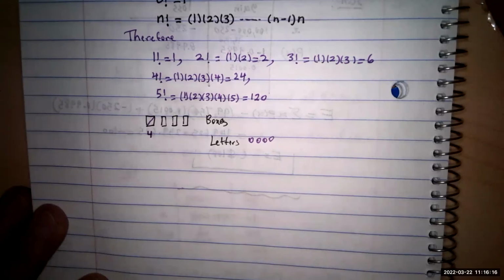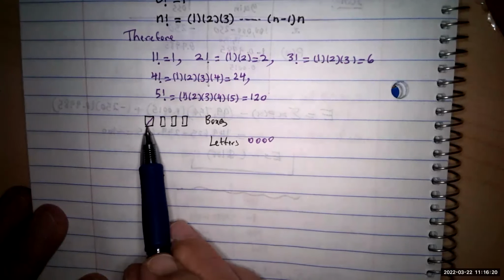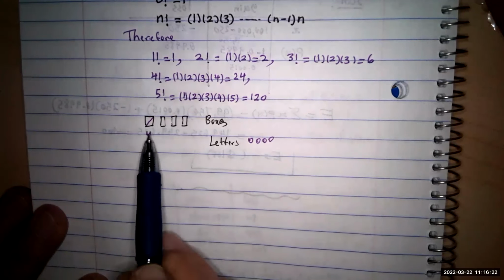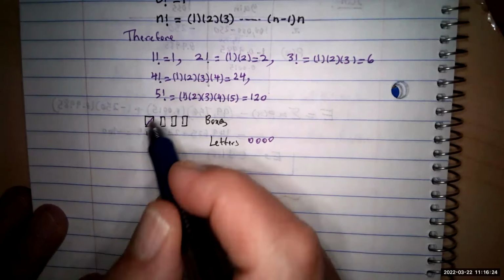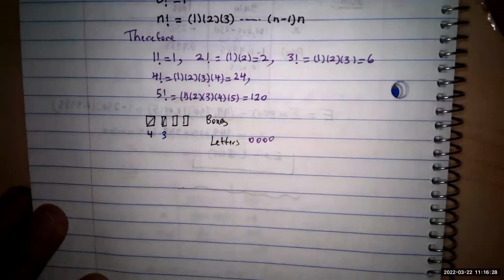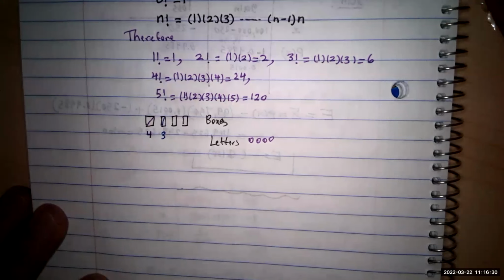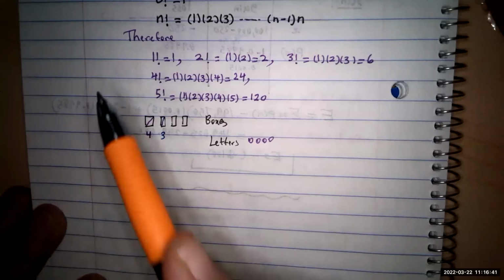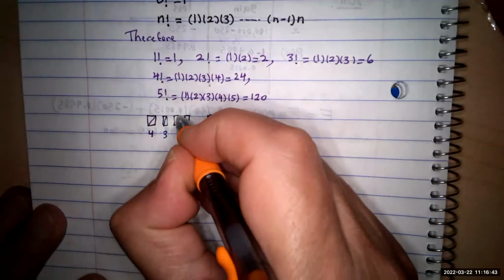But when you get to the next one, you already have one of the letters placed. There were 4 letters, so you have 3 choices over here. When we get to the next one, already 2 letters are gone, so you have 2 choices.